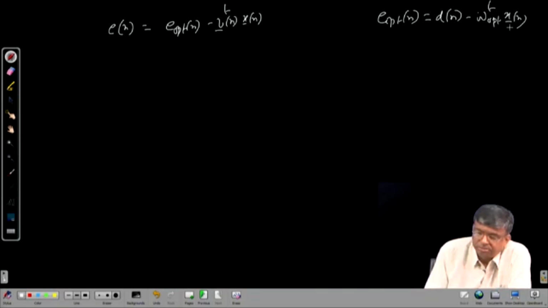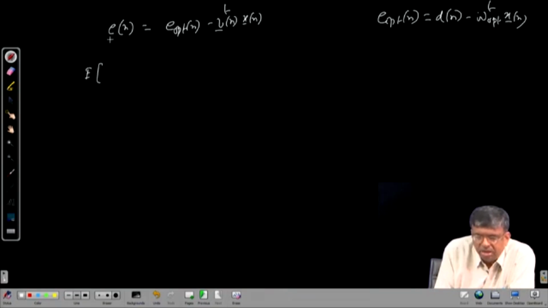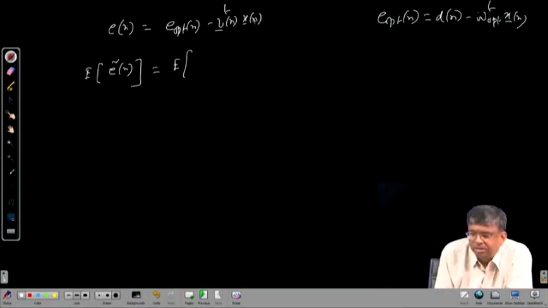Okay. So, therefore, if I take the variance, the expected value of this is real, so no point in putting mod and square, because square itself will make it positive. So, e square n is this. This is a scalar. All right, this is a scalar.